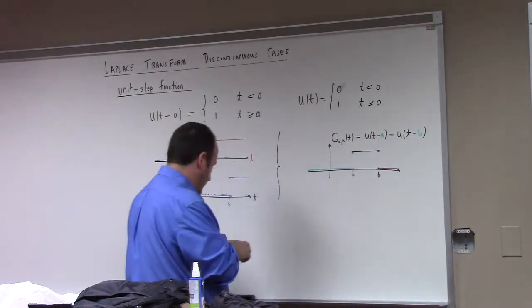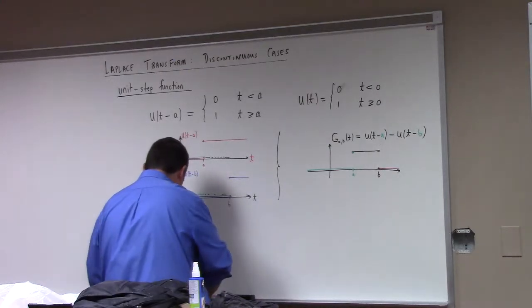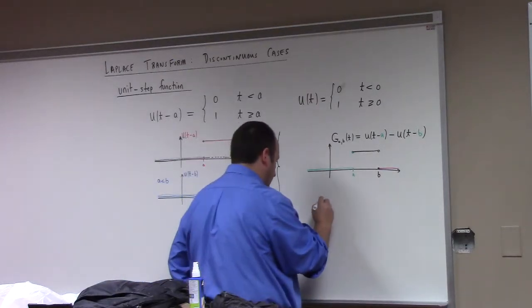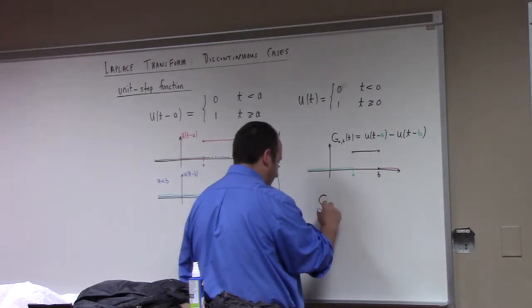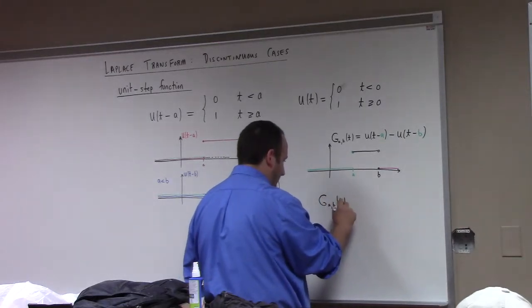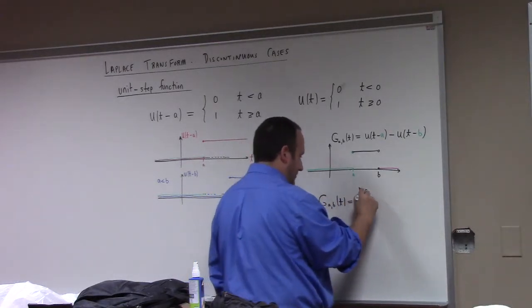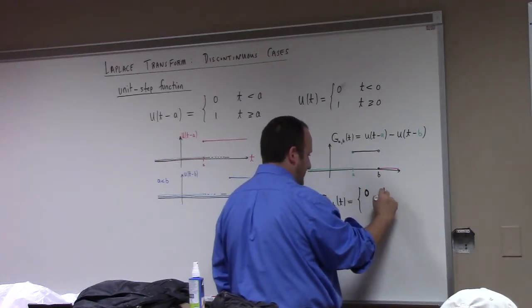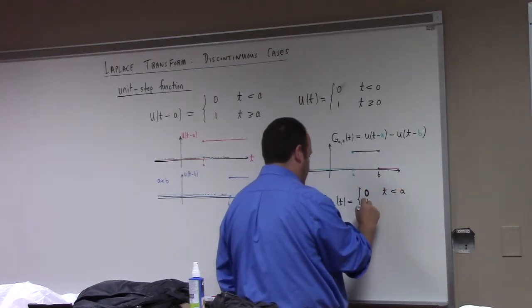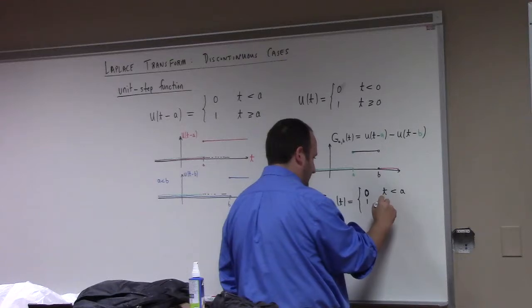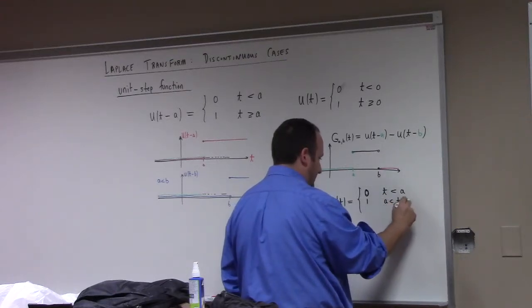So there you go. We could write out what we have here. The gate function from a to b of t has three cases, right? It's 0 if t is less than a. It's 1 if a is less than t is less than b.